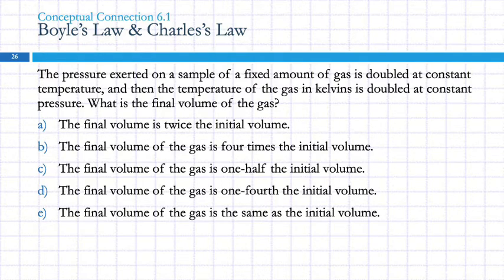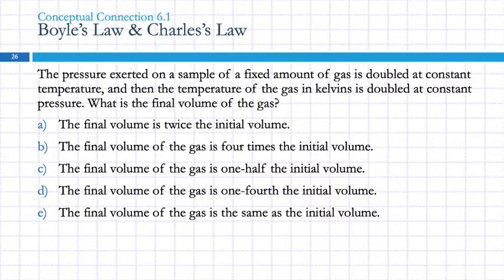These problems can be very hard to think about. Personally, I'd rather they just give me numbers and ask me to calculate it, right? So let's think about this. We have a fixed amount of gas, so N isn't changing. The pressure is going to double at constant temperature. So if I double the pressure, what does that do to the volume?